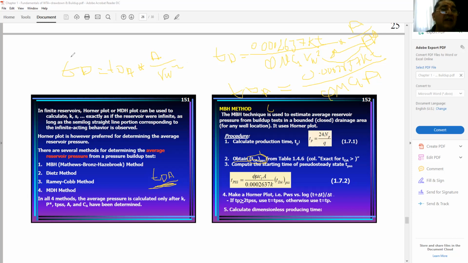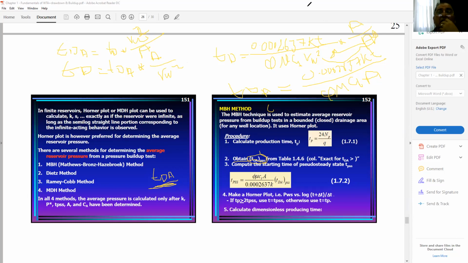Or TDA can be written as TD times rw squared divided by A. It's not important now, but we need to talk about something like that.